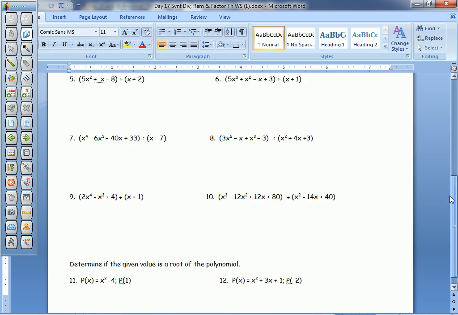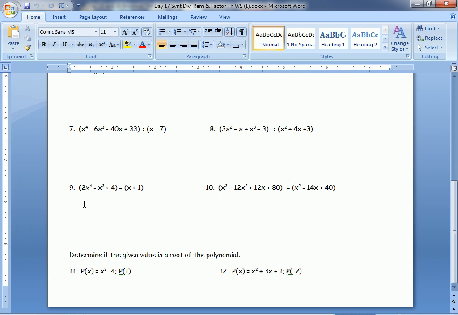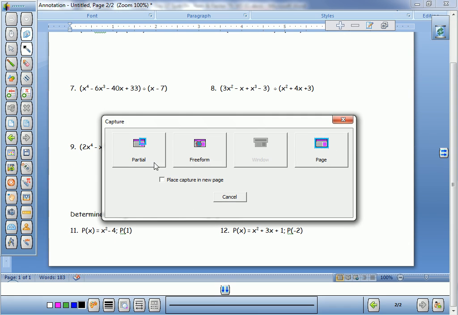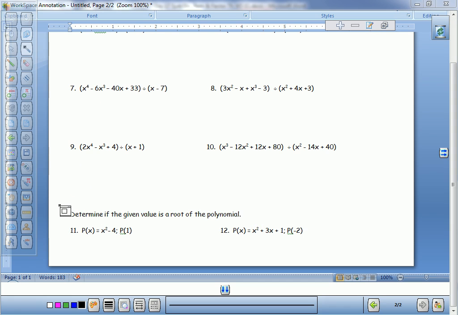All right. We're going to save some of the other ones and we're going to come down here to number 11 because I did not get to these yesterday. I'm going to have to snip this so it'll go a little higher.